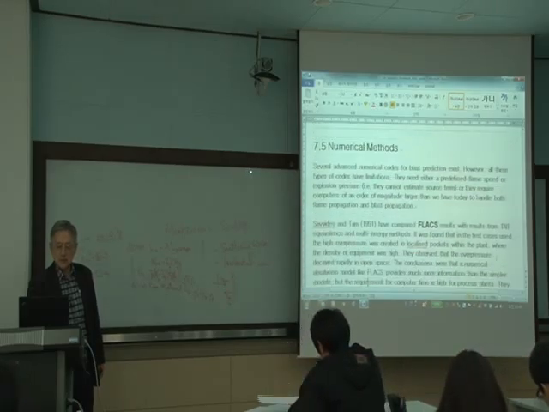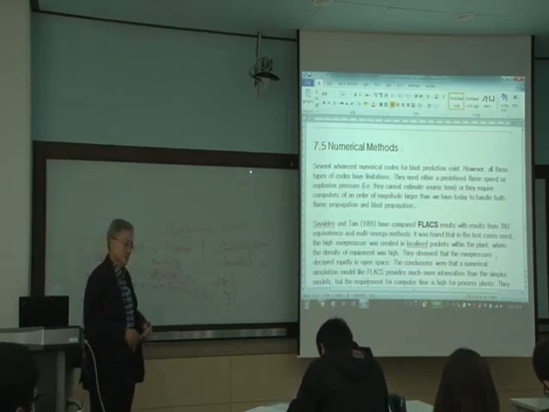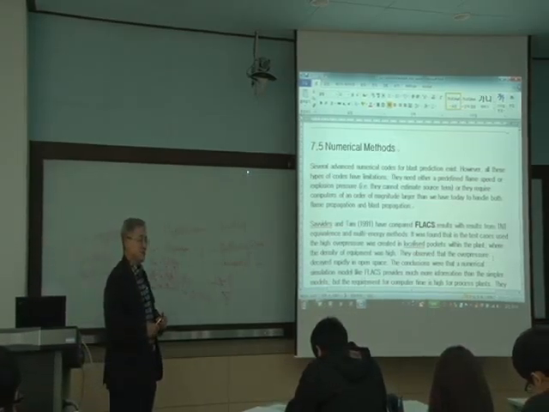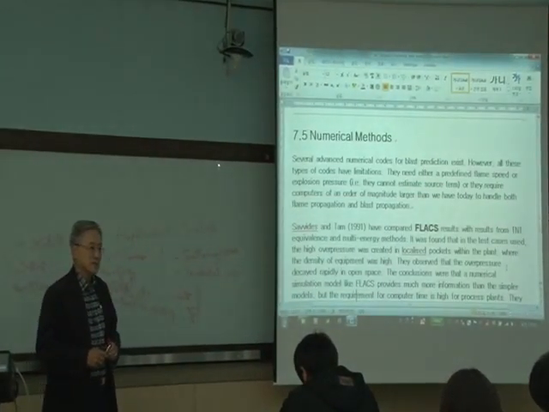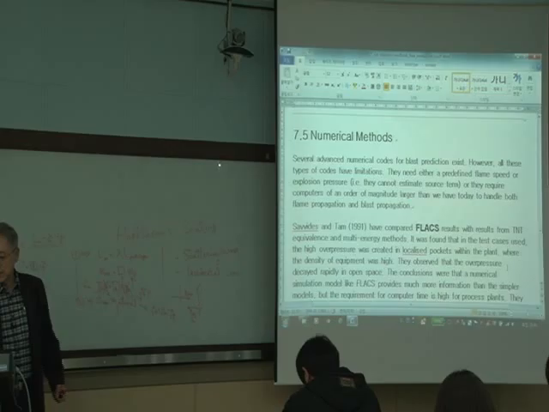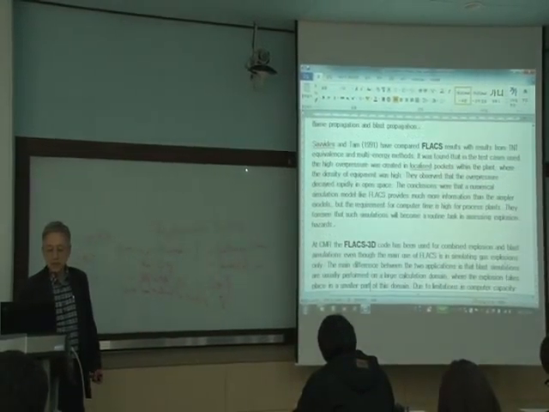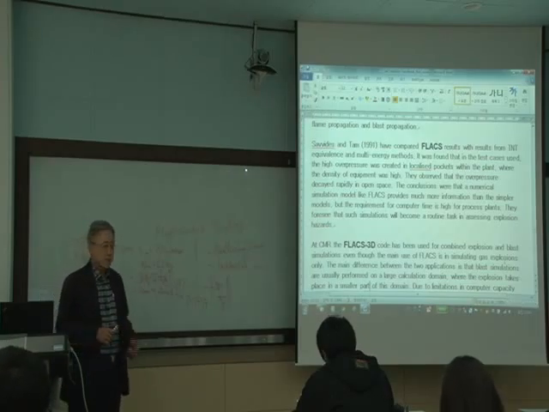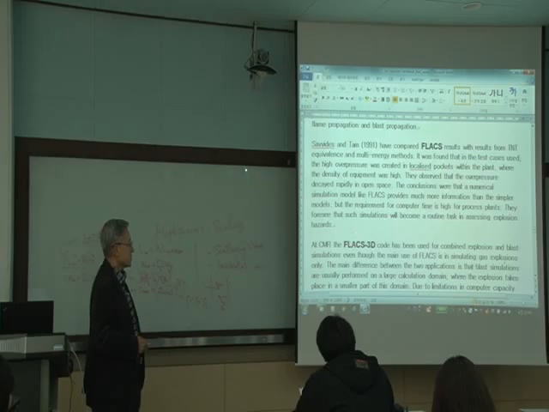The numerical method, everything is boiled down to FLACS. We'll wait until the end of next week to hear about FLACS. But this was published in 1985. So they are talking about FLACS and FLACS-3D. Nowadays, this is all combined as FLACS.